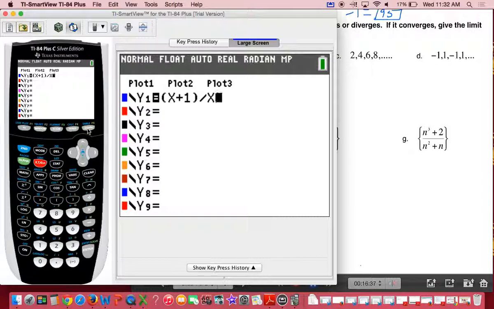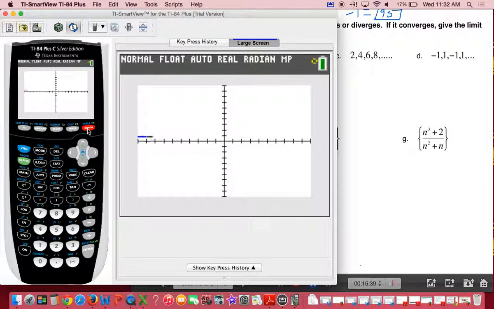So we expect this to be approaching a y equals 1 line as x approaches infinity. So as x is getting bigger and bigger, do you see that there's a horizontal asymptote right through here at y equals 1? So as x approaches positive infinity, this value for y is approaching 1. So you can see that limit on the graph.